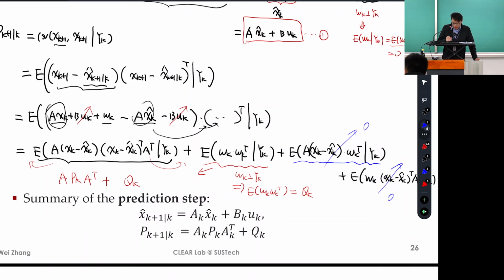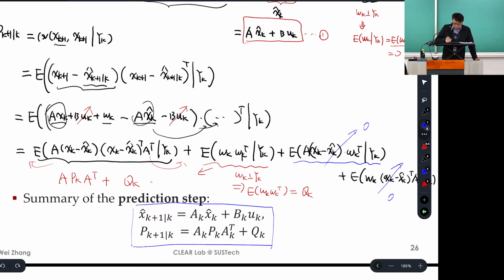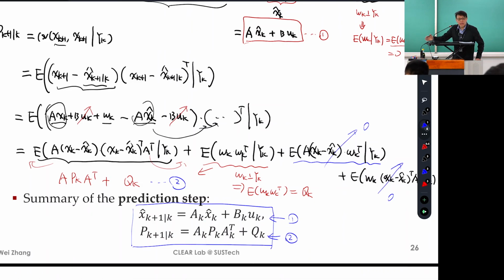All right, so overall, I have this one-step prediction formula. This is our equation 2. This is 1. This is 2. That's the Kalman filter. I'm not sure about the notation, but if you look at Wikipedia, you see those formulas, and you can implement them very easily. I will show you code next time. But to understand them, that's the effort we have taken so far.